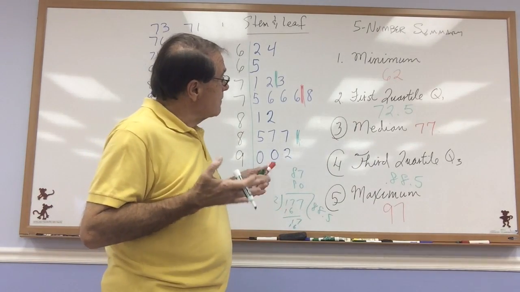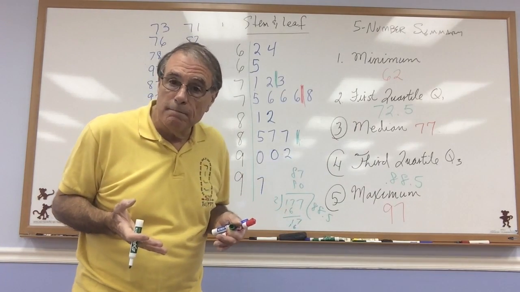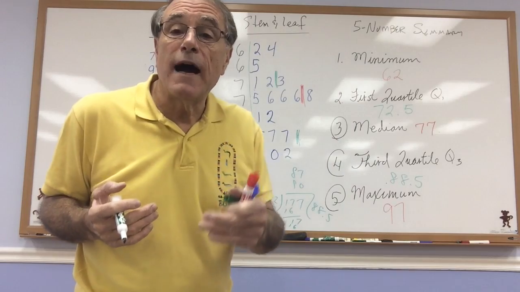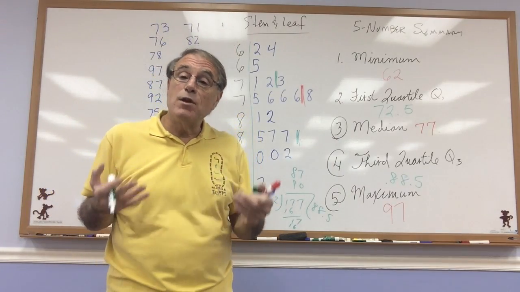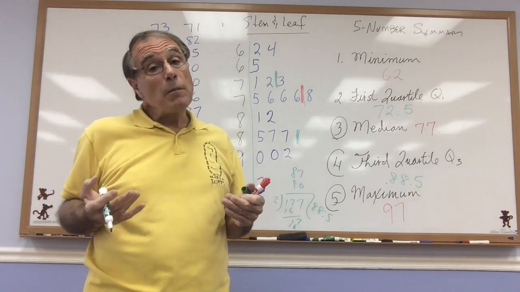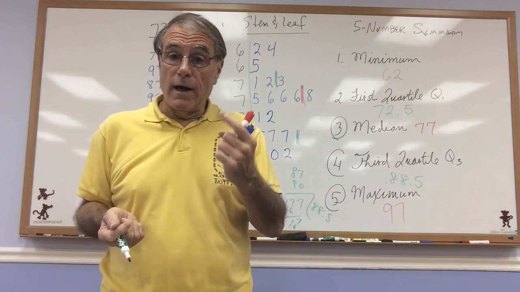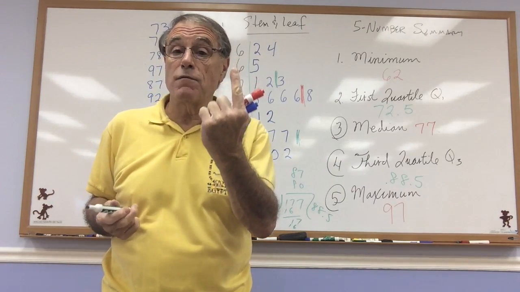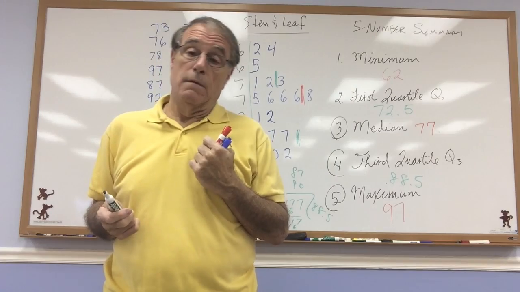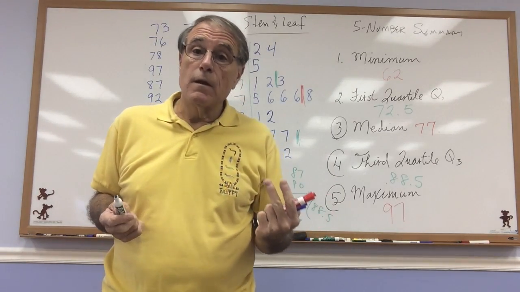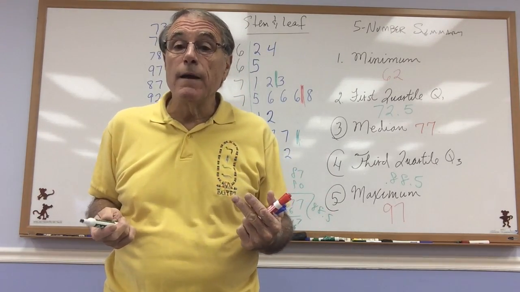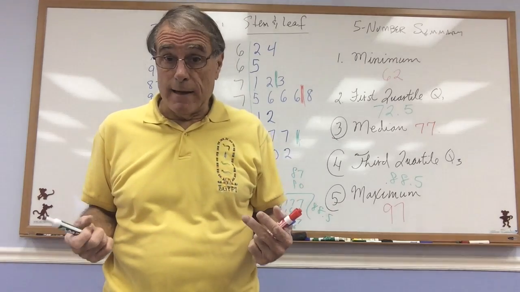This gives us our 5-number summary, and the 5-number summary can be used to do 2 important things. One, it will give us a way to check for outliers. And number 2, it will give us a way to construct a box plot.